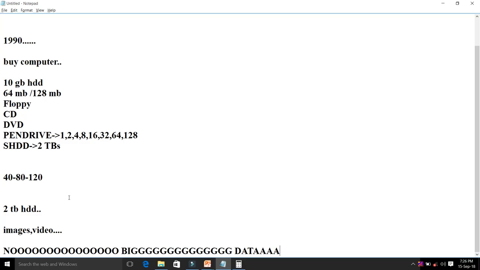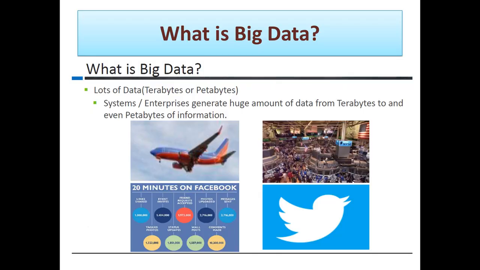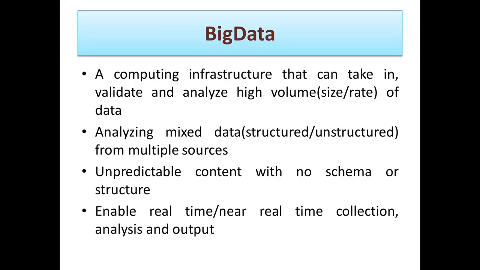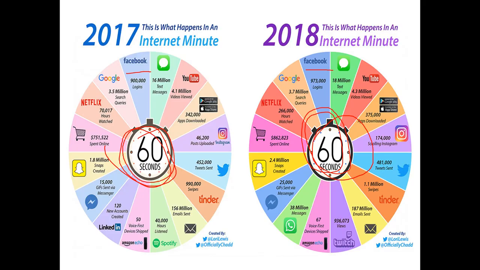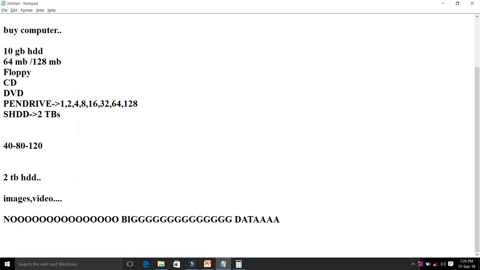Now the problem, which I already said, is that data increases in voluminous forms, at a very large scale, frequently, fluently, with uncertainty. So the problem is how to process and how to store it.